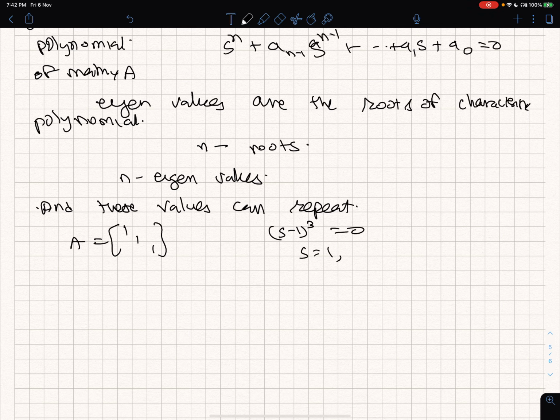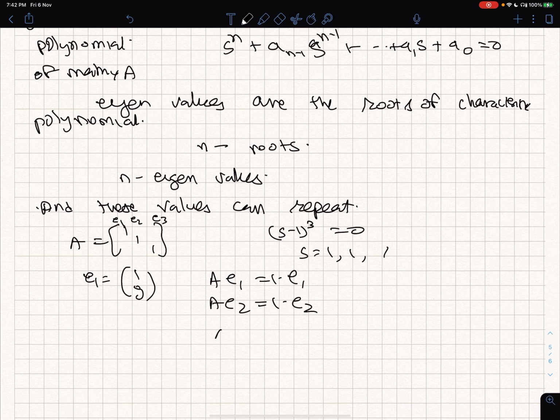What are its roots? 1, 1 and 1. So the eigenvalue is repeating, 3 times. What are the basic eigenvectors? e1 is (1, 0, 0). A times e1 is 1 times e1.